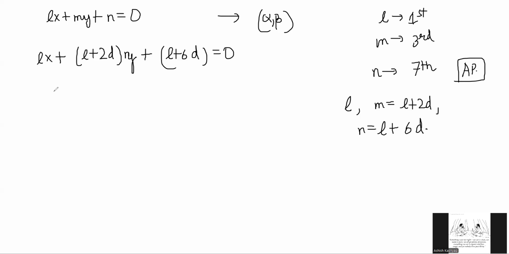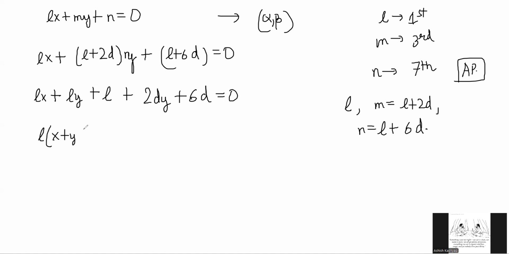So here, if I want to express it as an equation of a family of lines, I need to separate the equations and write it as the combination of two separate equations. So we can write it like this: l times (x plus y plus 1) plus 2d times (y plus 3) equals 0.